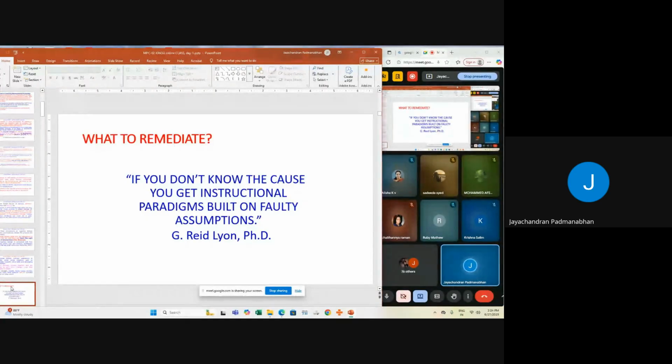So what to remediate? If you don't know the course, you get instructional paradigms built on faulty assumptions. I'll just brief what it is. Suppose you have a nail that is to be placed on a wall. The wall is so cemented that it won't go inside. If you try with ordinary tools like a hammer, it will not work.